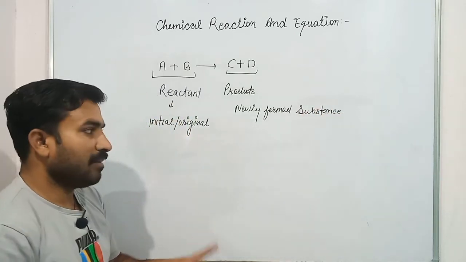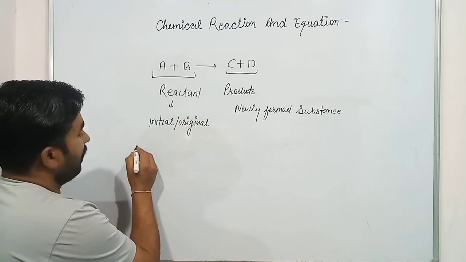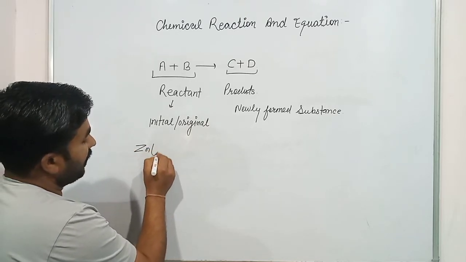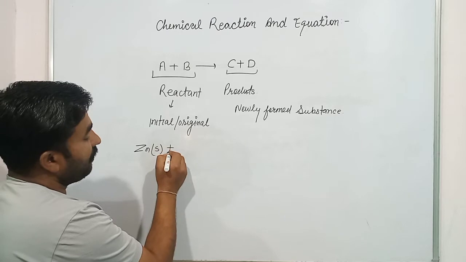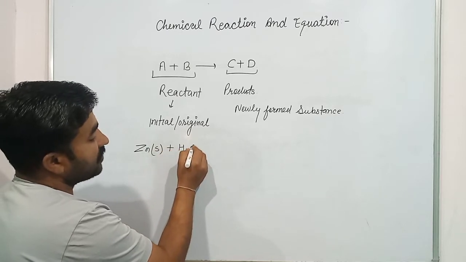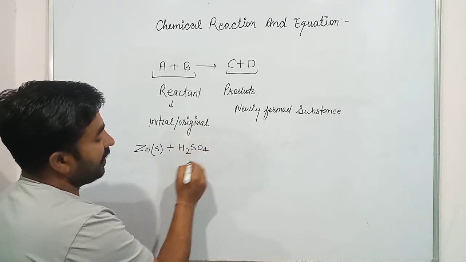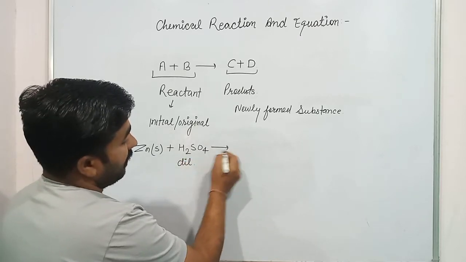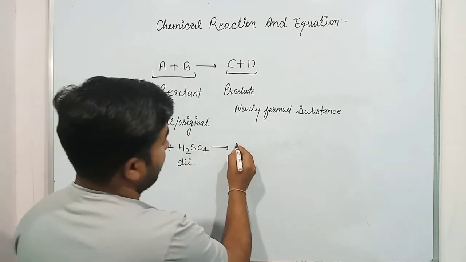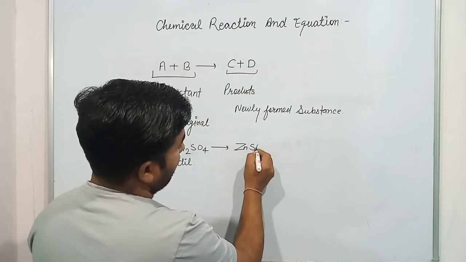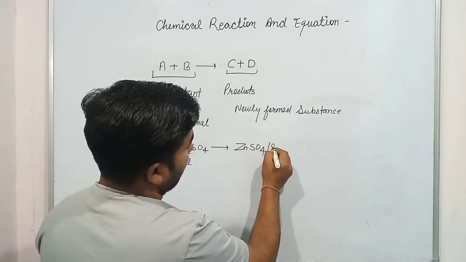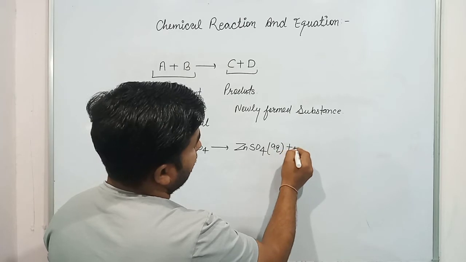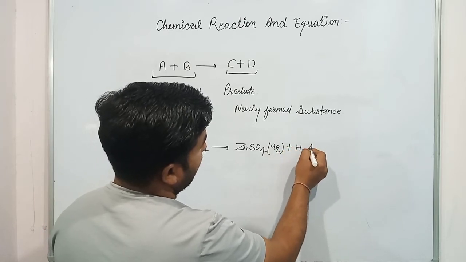Now we take one example here. We have zinc in solid state. If we pour some dilute H2SO4 on it, then we get zinc sulfate, ZnSO4, in aqueous state, and hydrogen gas will be evolved here.